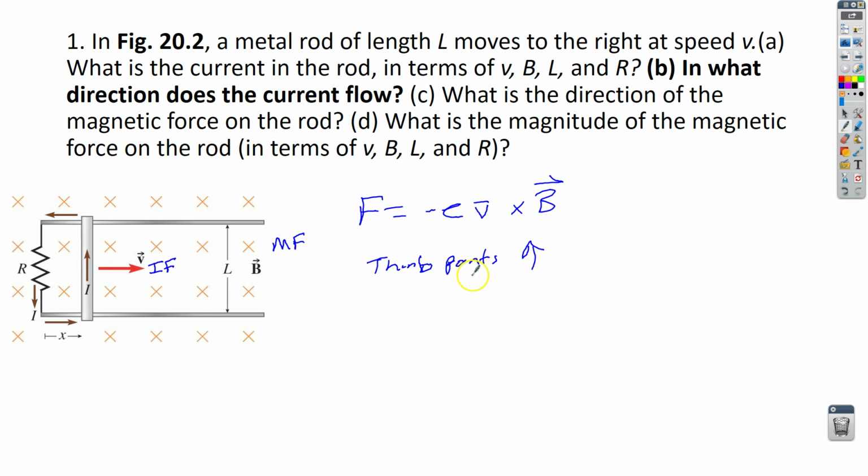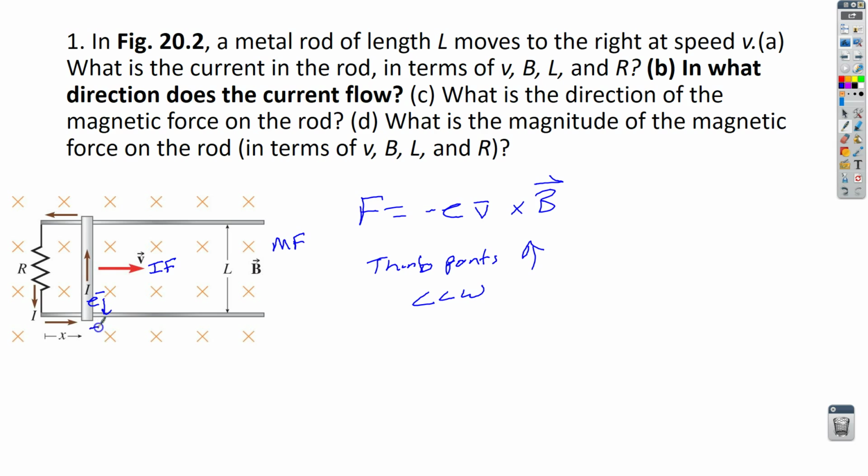Now, ideally, this one's a little confused. Well, let's go ahead and finish this one. It is counterclockwise then, so that is the direction of the current. Everybody says, yeah, but it's an electron. You're right. The force on the electron would be down, so the electrons would be moving in this direction.